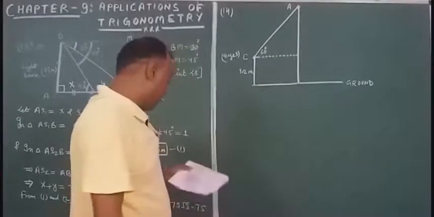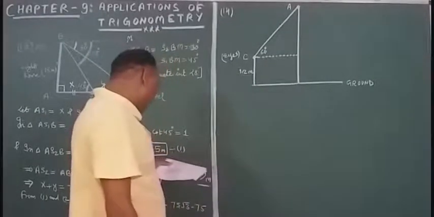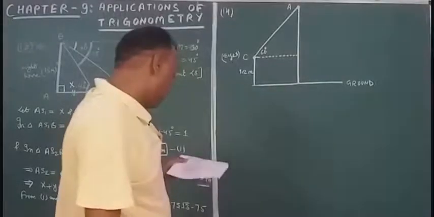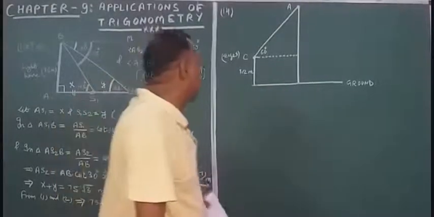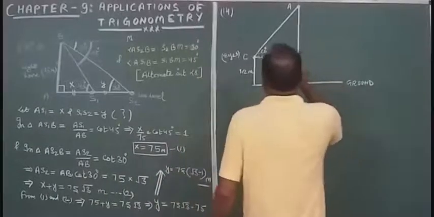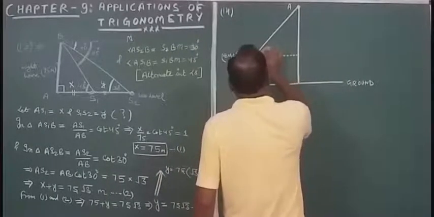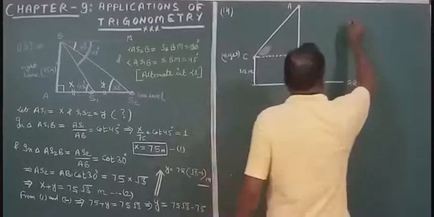This is the angle of elevation. After some time the angle of elevation reduces to 30. कुछ टाइम के बाद जो है जो एंगल ऑफ एलिवेशन है वो कितना हो जाता है आपका 30 डिग्री.